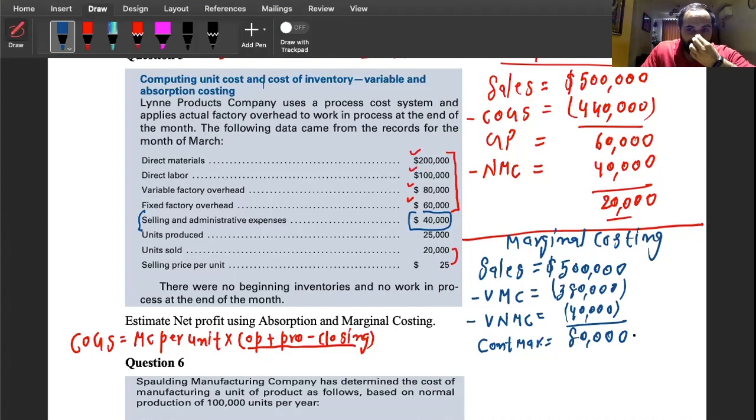I think it's going to be the same. And minus fixed manufacturing cost. How much is the fixed manufacturing cost?